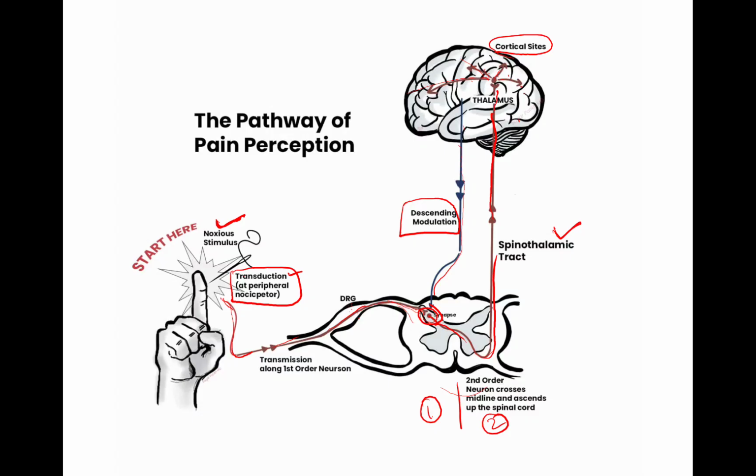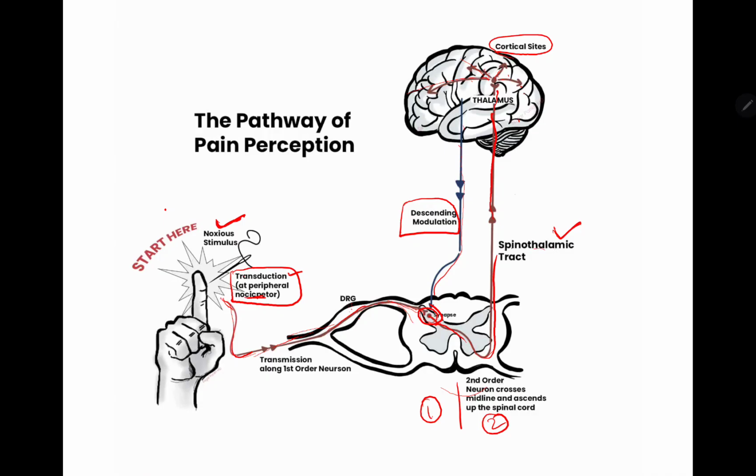That is descending modulation. So an easy way to remember: first, injury happens here. After that, nociceptor. After that, transmission along the first neuron. After which it will reach the spinal cord and cross. Second neuron will take it up.